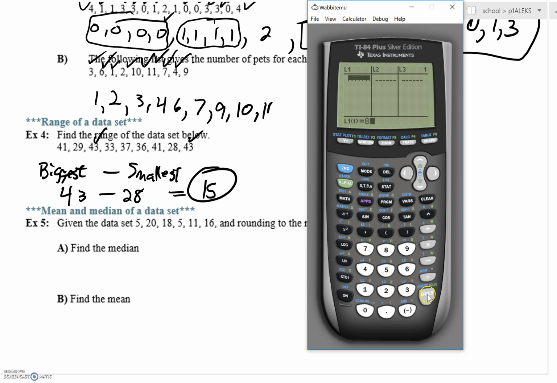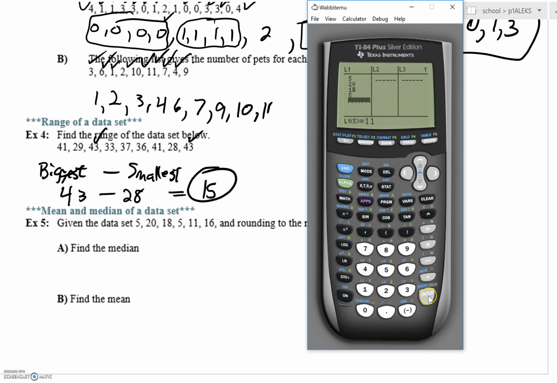Some of you might already see some numbers here, and that's okay. If there are numbers there, you can always go all the way to the top, highlight list 1, press clear, and then bring it down. But what I'm going to do is type in these 6 numbers. I'll type in a 5, enter, 20, enter, 18, enter, 5, enter.